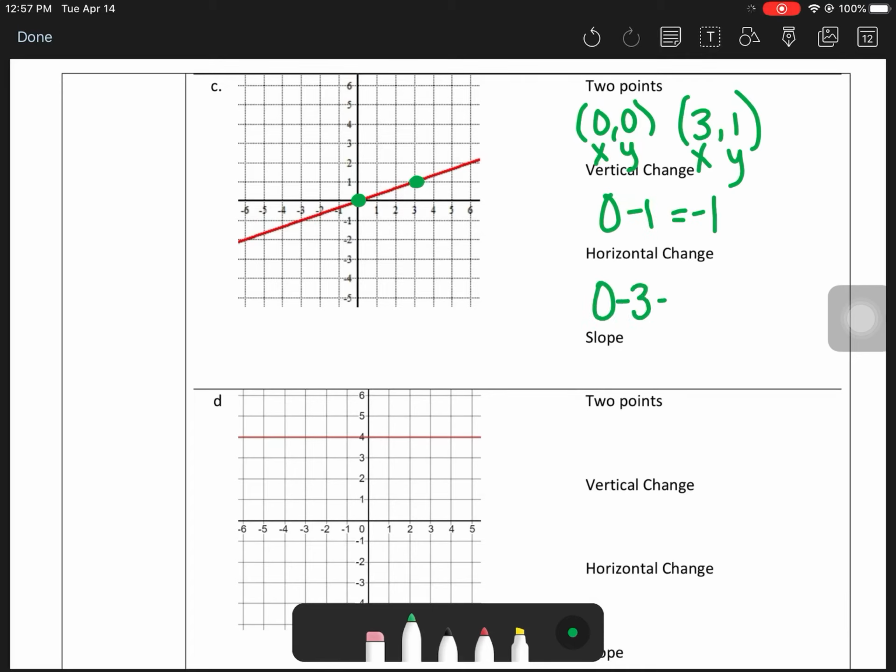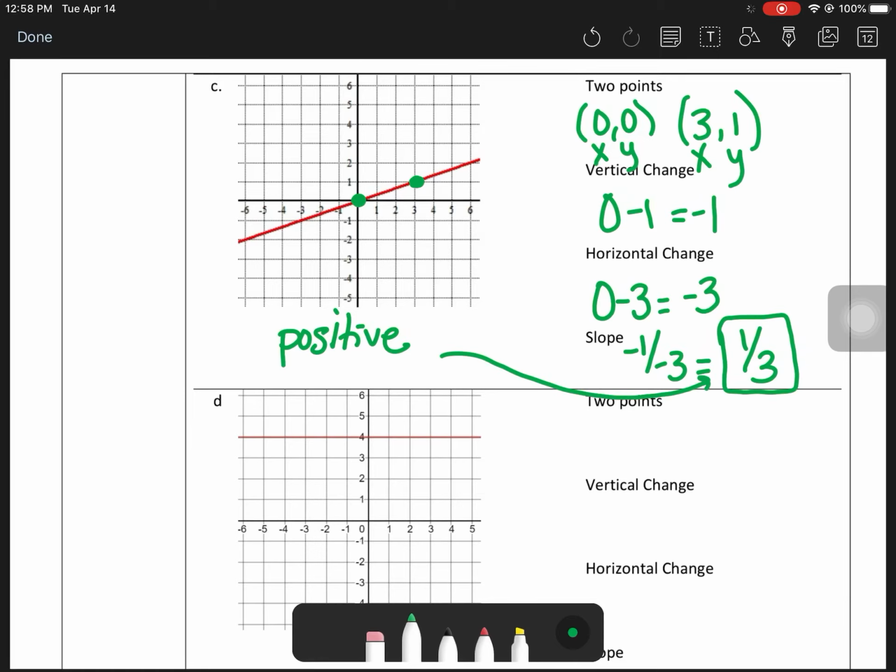Then I'm going to subtract my x values. 0 take away 3 is -3. My vertical change divided by my horizontal change. Negative divided by a negative is a positive, and that means that my slope is 1/3. And if you look at the picture, this is positive because it is going up to the right.